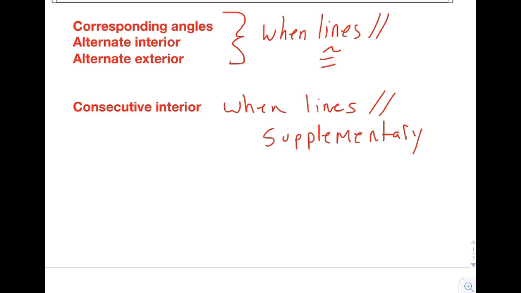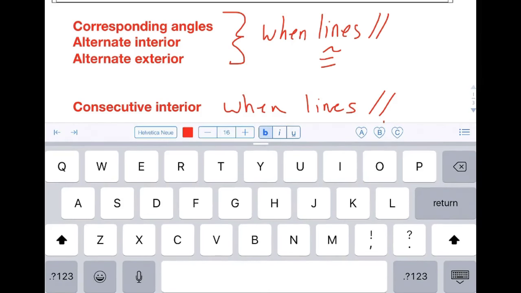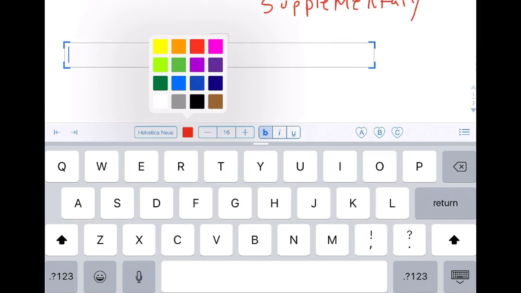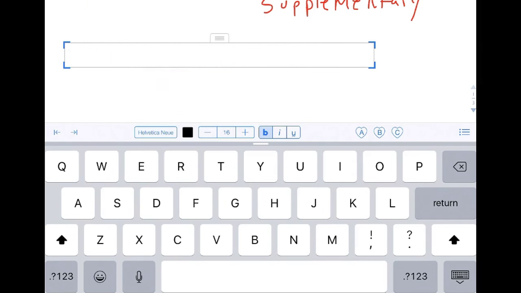Now, the other thing that I want to go over before we begin is kind of the approach that we use when writing these reasons. And for me, it's easiest if I write it as a conditional statement.